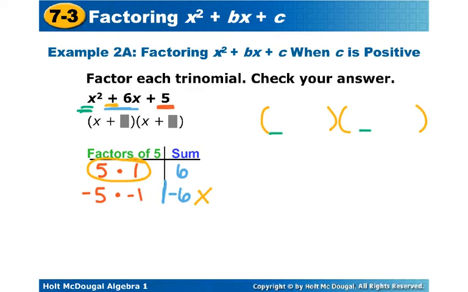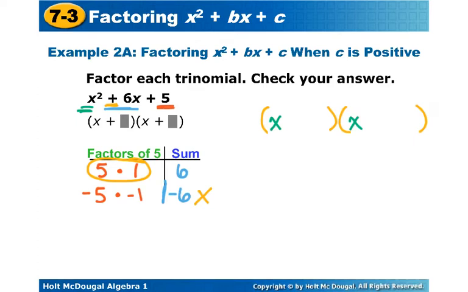So both of the terms in your parentheses starting out are going to have to be x. And that's the case with any variable that's raised to the second power there that's starting out your trinomial. It's always just going to be x times x, y times y. If it's L squared, it's going to be L times L, okay? That's always just going to be the first term there.